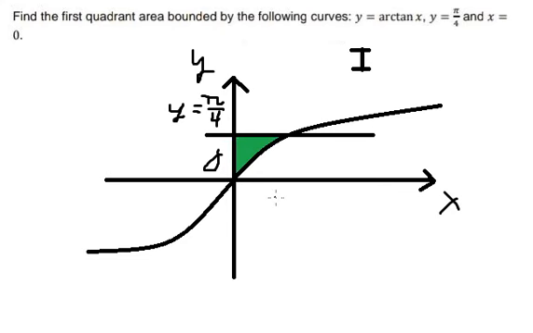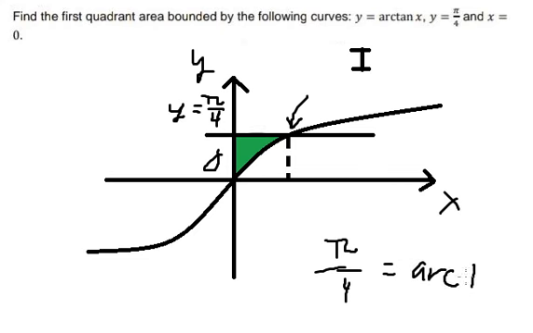Now, to calculate this, we can put y equal to π/4 in here to find the value of x in here. We need to find the intersection. So if we put y equal to π/4 equal to arctan of x, we can find the value of this one.